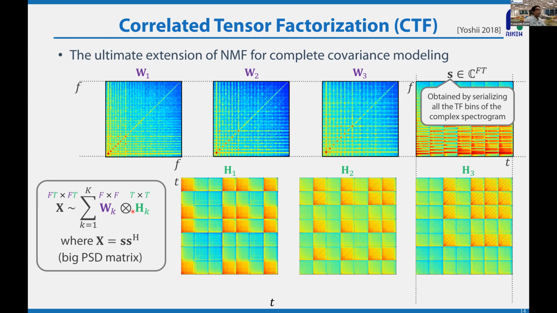Using the reproductive property of the Gaussian distribution, the mixture coefficient S_ft is given by this equation. Because S_ft is the sum of z, the variance of this Gaussian distribution is the sum of these power spectral densities. So this is a probabilistic model of Itakura-Saito NMF.